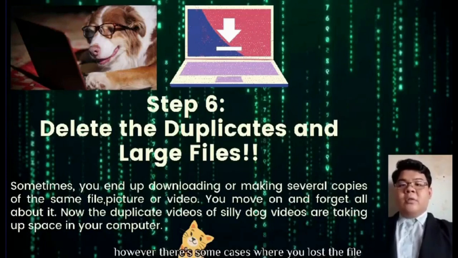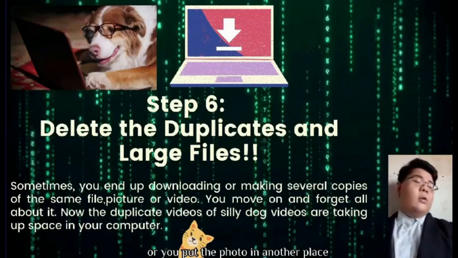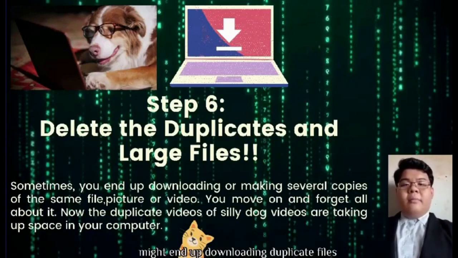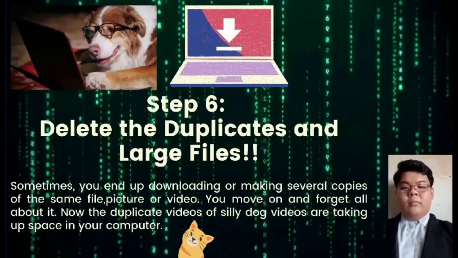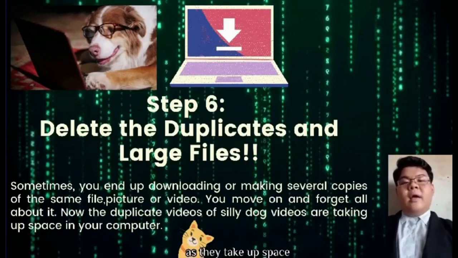However, there are some cases where you lost the file or you put the photo in another place, so you might end up downloading duplicate files, and that's a problem, and you should find and delete duplicate files as they take up space.